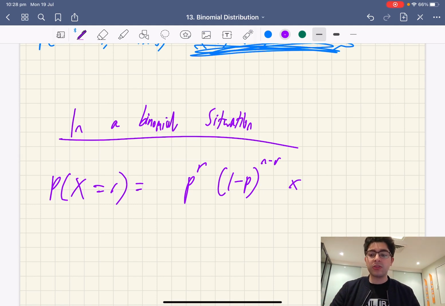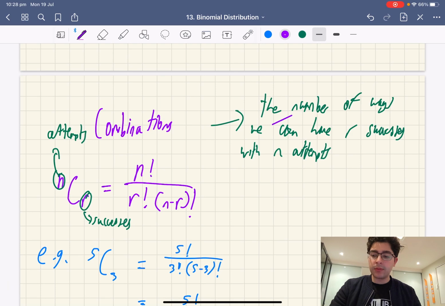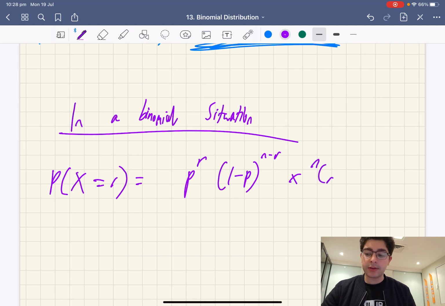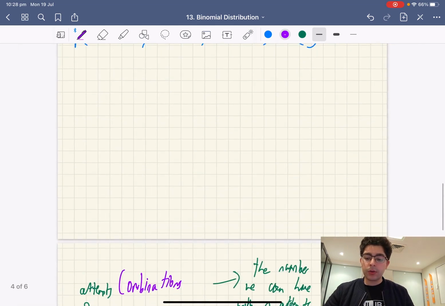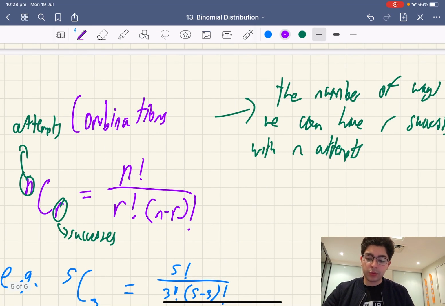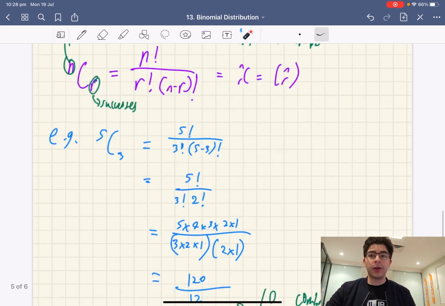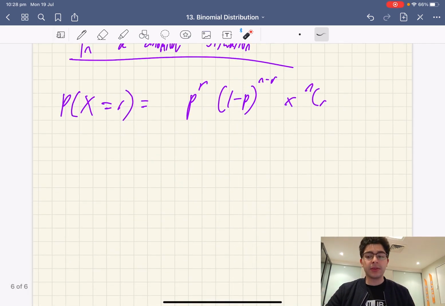Now the number of combinations, as we worked out over here, is known as nCr. So we just put in nCr. And I will also acknowledge that nCr can also be written as this, or like this. Just be aware of all these different notations, just in case they come up. But they all mean the same thing.